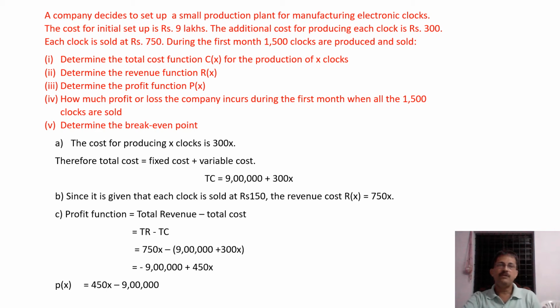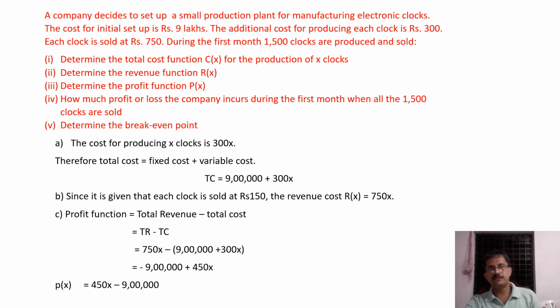A company decides to set up a small production plant for manufacturing electronic clocks. The cost for initial setup is rupees 9 lakhs. The additional cost for producing each clock is rupees 300. Each clock is sold at rupees 750.